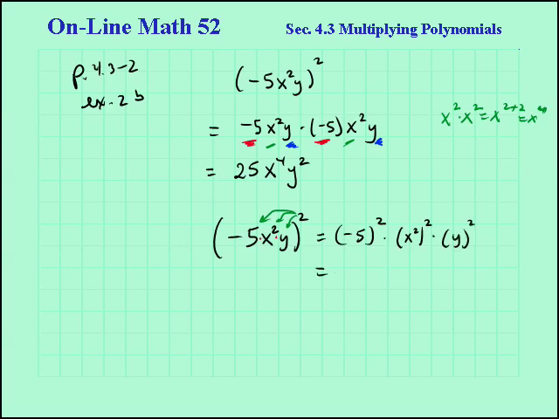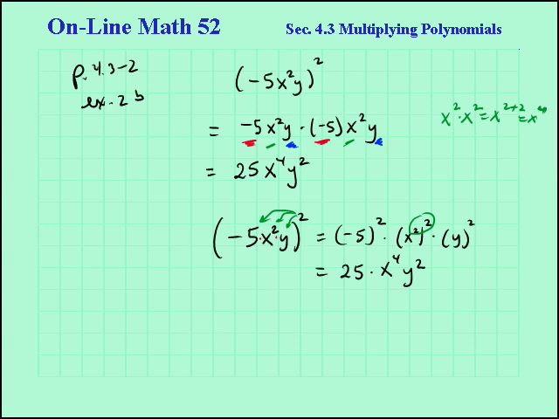And negative 5 being squared is that positive 25 that we saw in the other answer. X squared squared, you might recall that we multiply the exponents. I know that some of these exponent rules are a little bit challenging, but this becomes x to the 4th power. And then y times y is y squared. Same answer, just an alternative method for squaring a monomial.